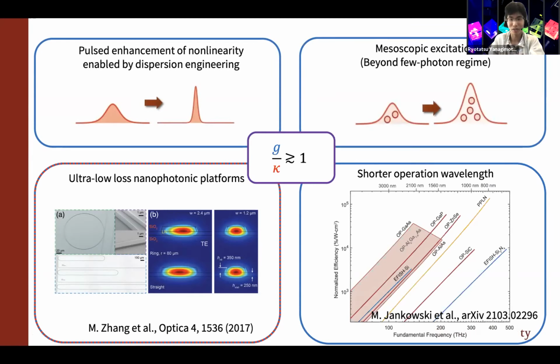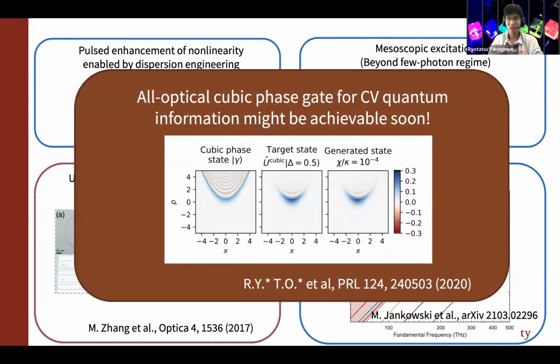Also, we want to think about a non-trivial amount of excitation in each pulse, so that a large number of photons interacting with each other enhances the nonlinearity further. Combining these, we have shown that, in terms of the figure of merit, these nonlinearities seem to be getting to the point where we can implement a critical gate for continuous-variable quantum information in an all-optical manner.